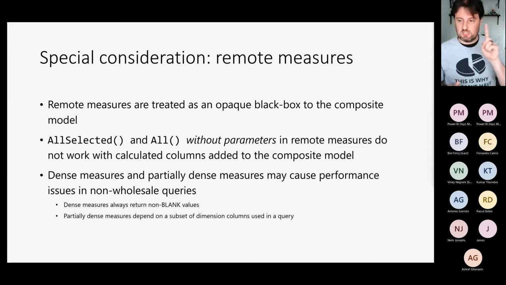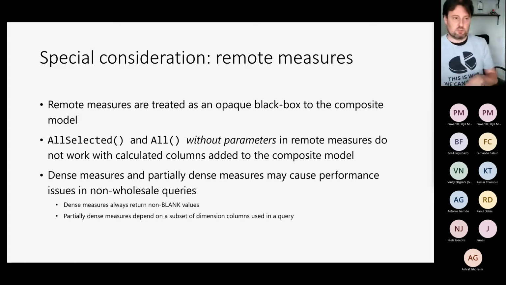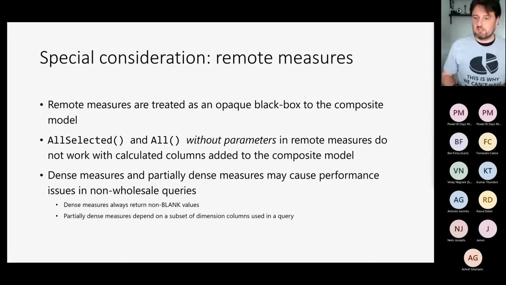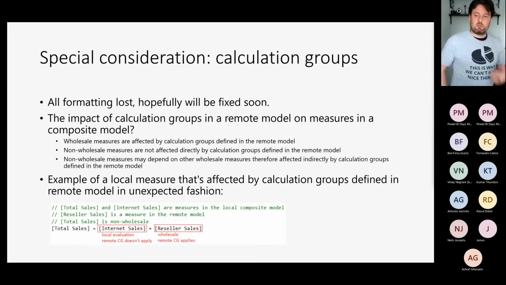Either the visual query needs to be one source group, or the measure definition needs to rely on just one source group. Sometimes you can't, of course, I get it, but in general, if you want to get the best performance, make them wholesaleable.